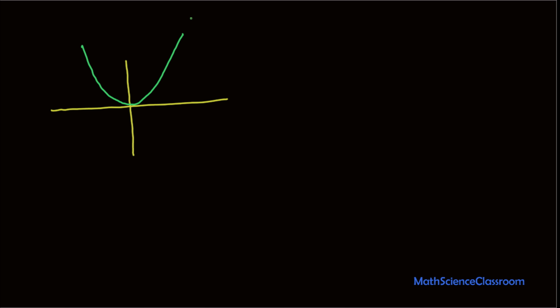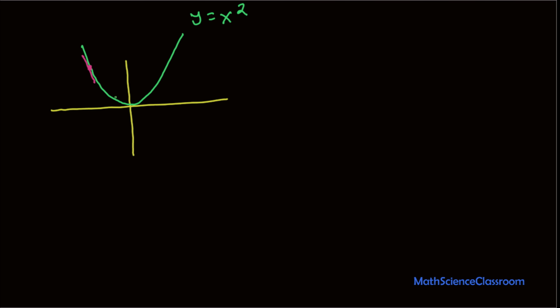This is the function y equals x squared. It's in the shape of a parabola. Now, I'm going to pick a point and think, how would I calculate the slope of this point on the line? The slope would be where a tangent line touches the curved line.